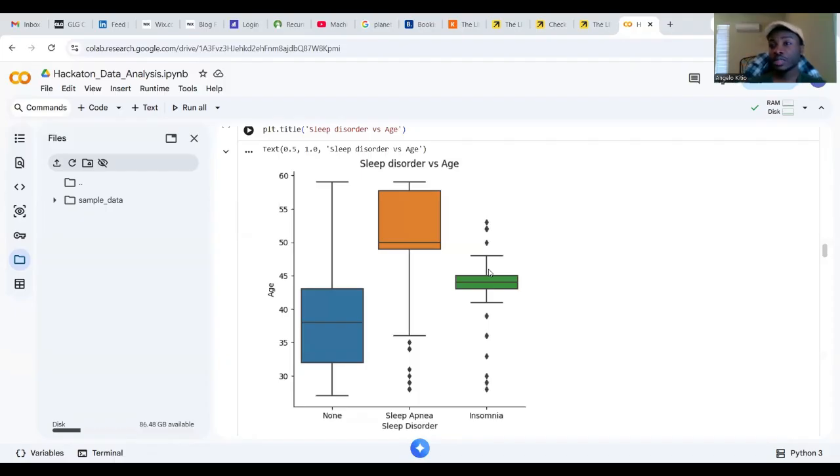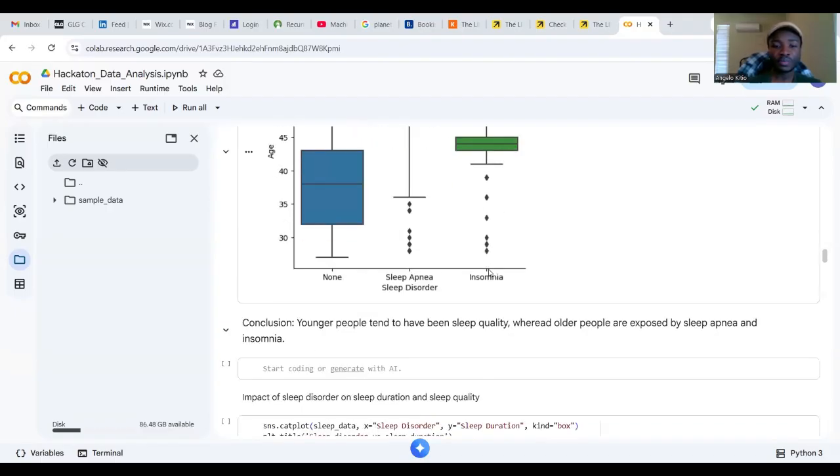So this is one of the key results from our analysis. As you get older, you may be exposed to this type of sleep disorder, and therefore you may be at risk of a reduced number of sleep hours every day. This is one key piece of information we get just by analyzing the data and plotting some visualization.